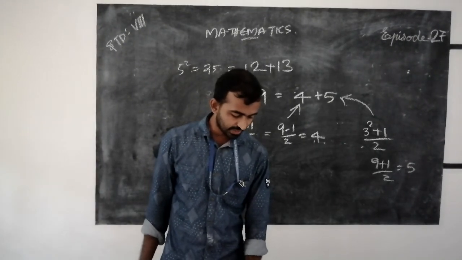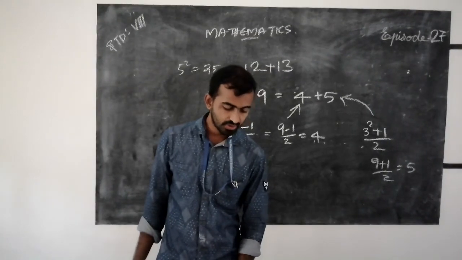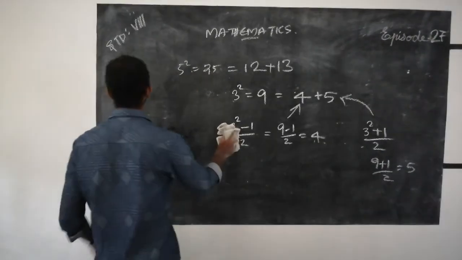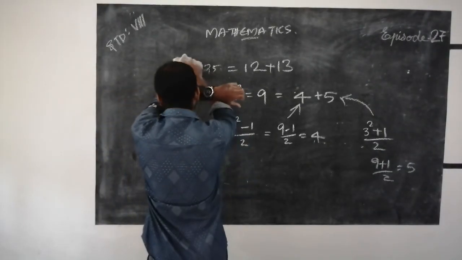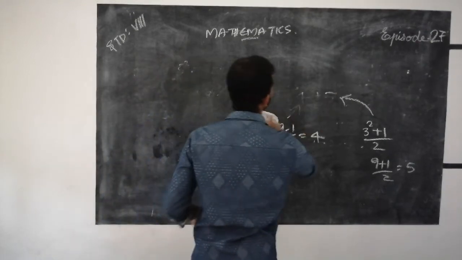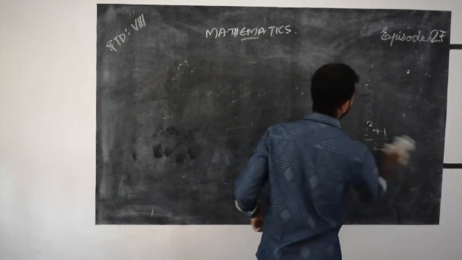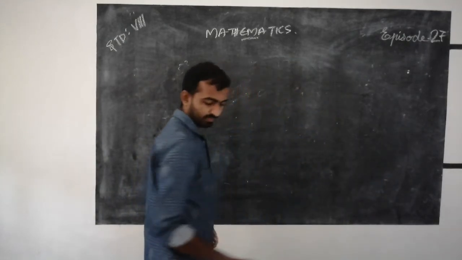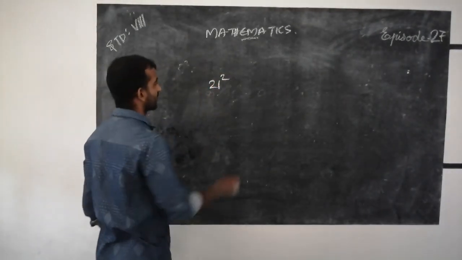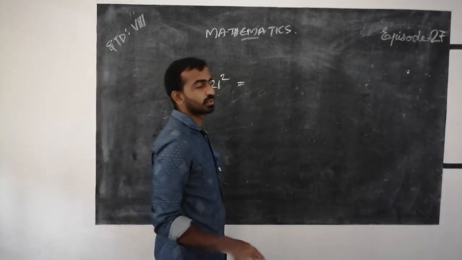Express the following as the sum of two consecutive integers. 21 square. That is, we can take the sum of two consecutive numbers.